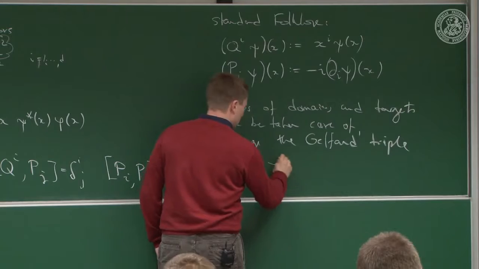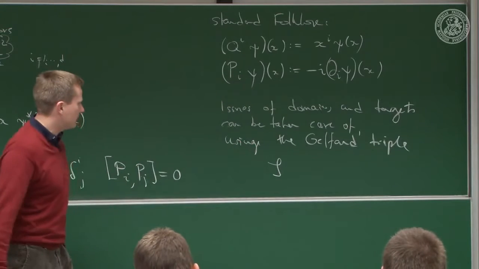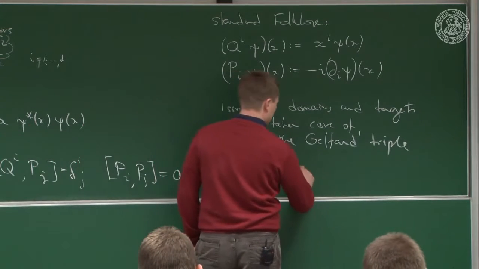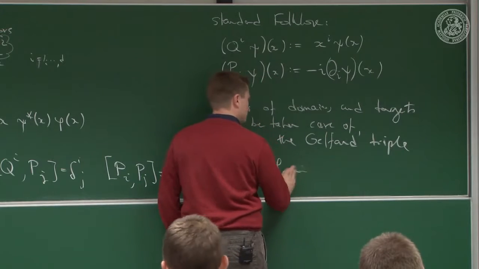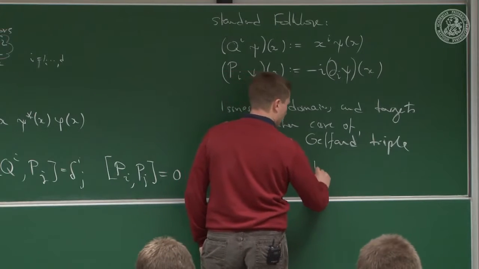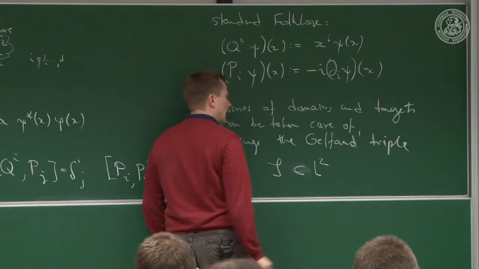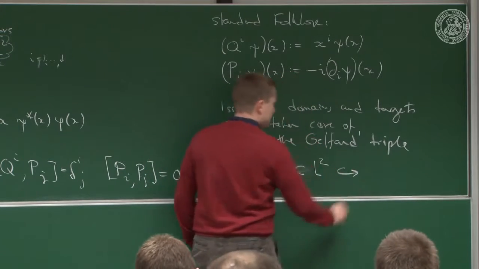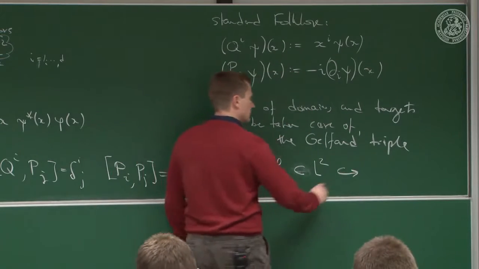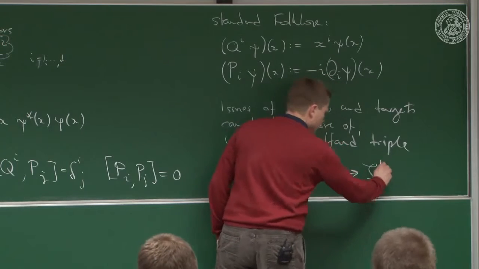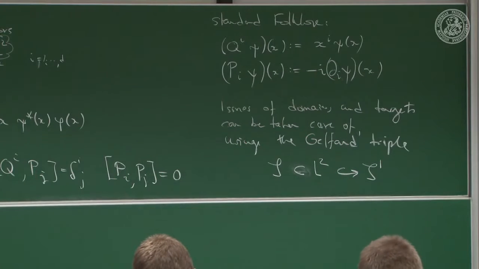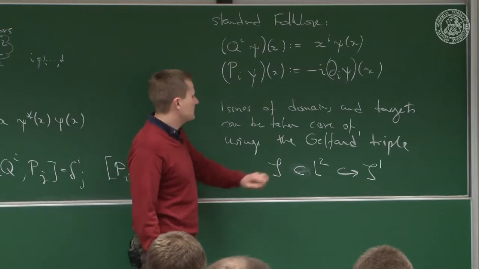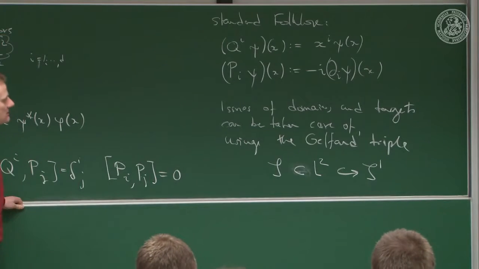So there you look at the space of Schwarz functions, which are certainly square integrable. However, these again can be embedded into a dual space, so linear functionals of a certain type on these Schwarz functions.